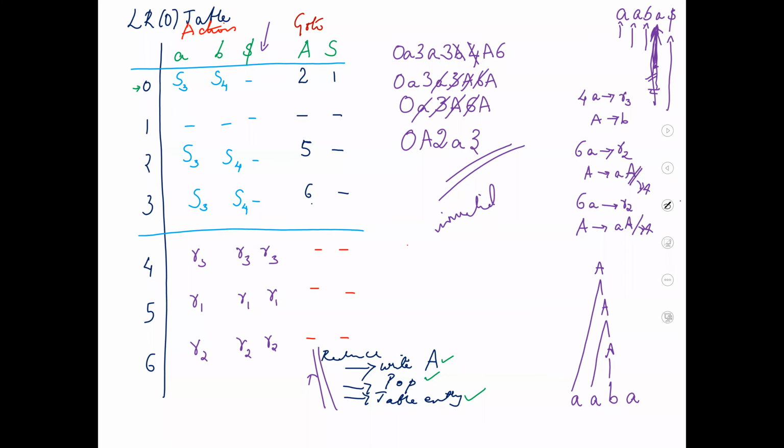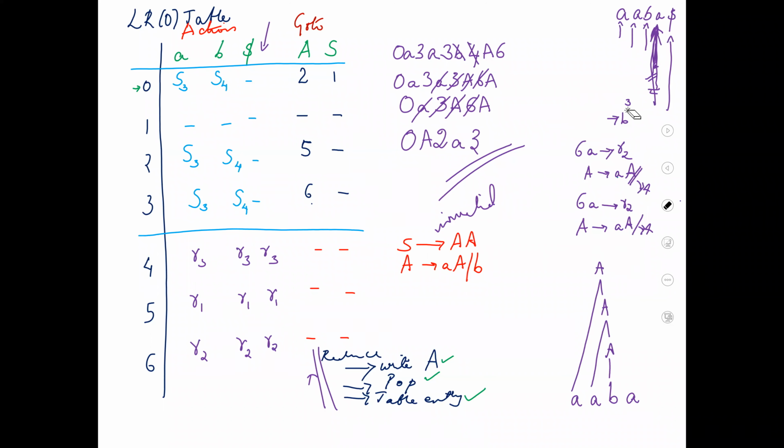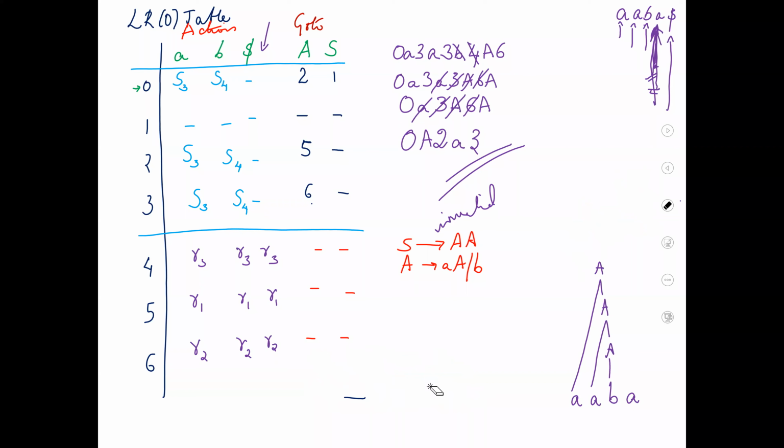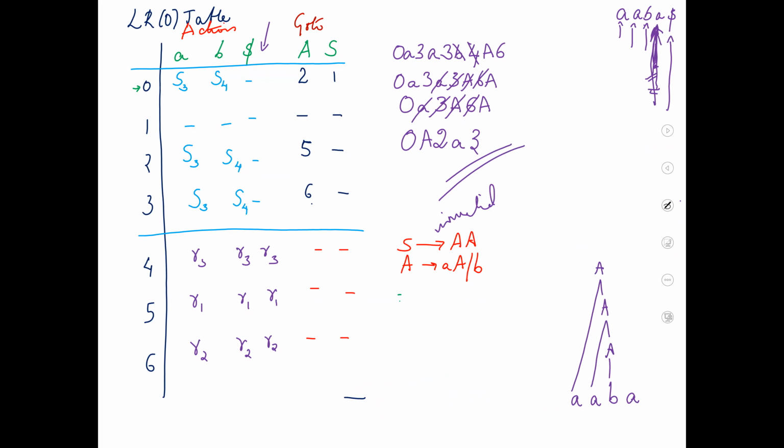Let's just try doing it manually and check whether it is valid or not. What were the rules? You had S to AA, and then you even had A as small a A, or B. Let's just check whether what we did is correct or not. Let's check the validity by deriving it, whether there is a possibility that you get AABA. So what we can do is, let's just write S to AA. I'm just cross-checking.